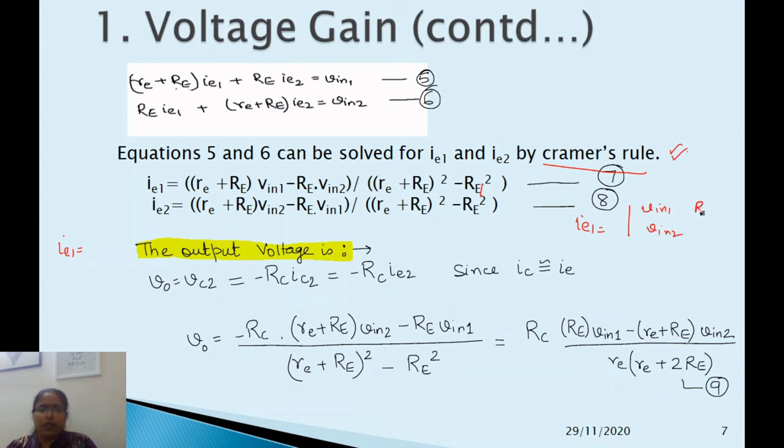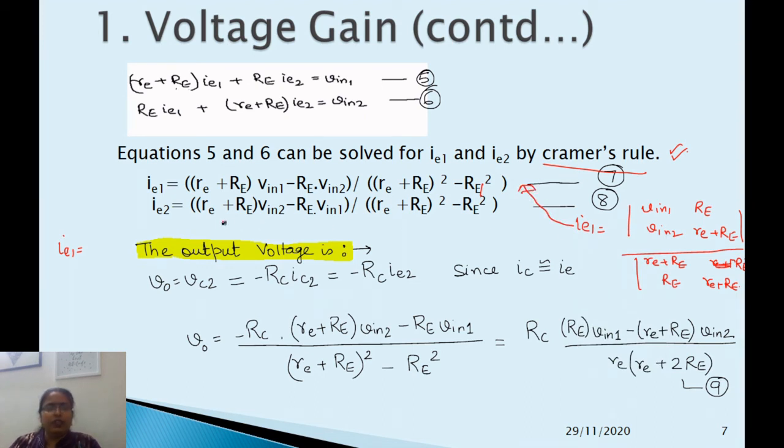Here it comes RE and RE plus RE, whole divided by this, RE plus RE. Here it is RE, and only here it is RE plus RE. So these are the two determinants on the numerator and the denominator side. Solving this, we will get IE1 like this.